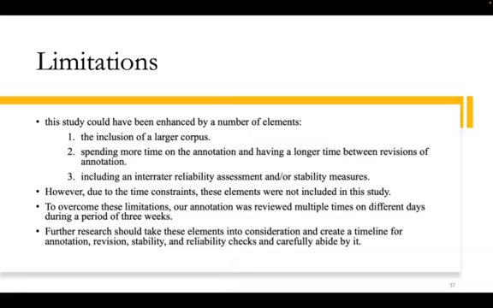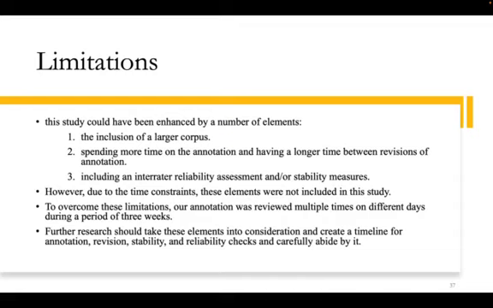The limitations. Now, the study could have been enhanced by a number of elements. For example, the inclusion of a larger corpus, spending more time on the annotation and longer breaks between revisions, including inter-rater reliability checks or stability measures.